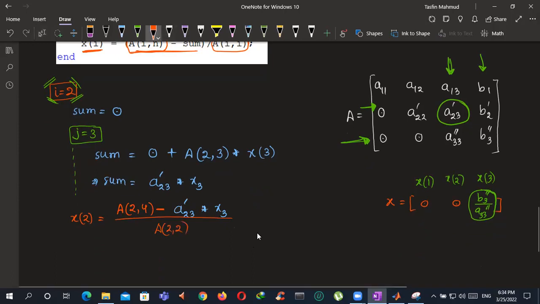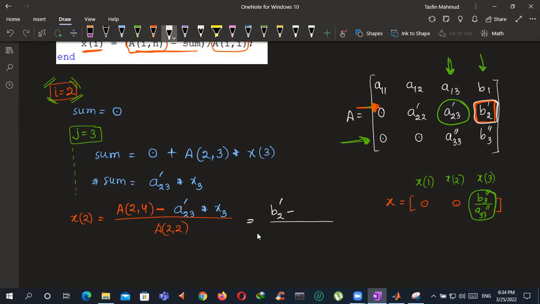So if I put the values here, what do we have in a2,4? Second row, fourth column, we are getting B2 prime. So we are calculating B2 prime, second row, fourth column, minus a2,3 prime x3, divided by a2,2. What do we have at a2,2?